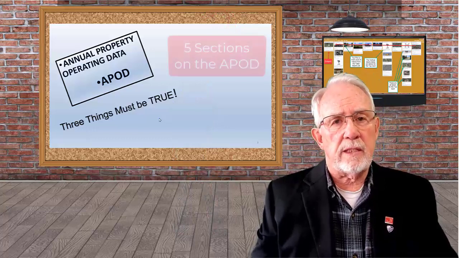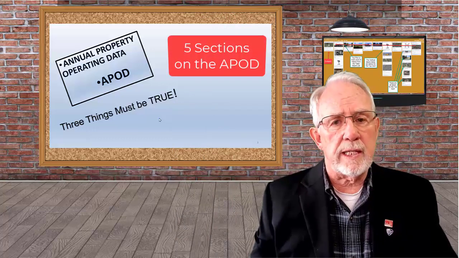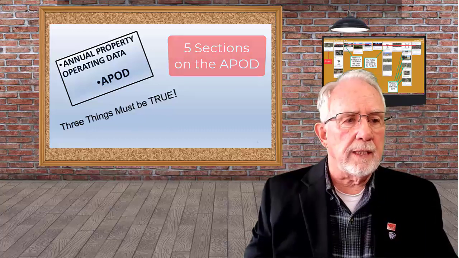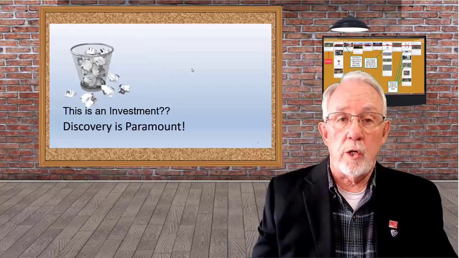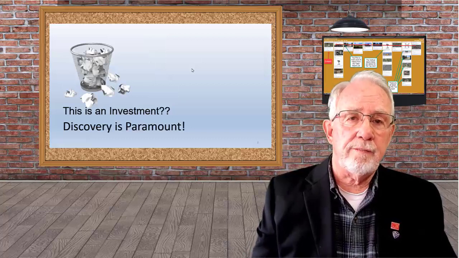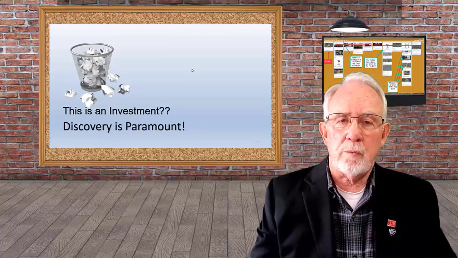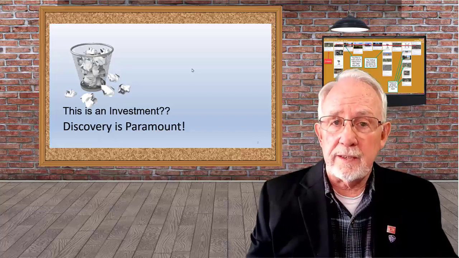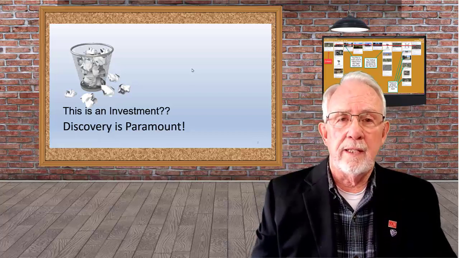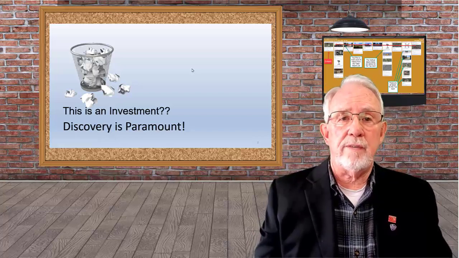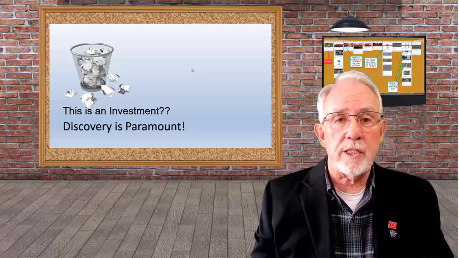Now there's 5 things on the APOD, and 3 of those things must be true, and we're going to talk about that just a little bit. Now we all know this. We know that this is an investment, and investments are treated different than a residential property that is owner occupied. In fact, you want to make a profit. That's why you call it an investment. You want to get a rate of return.